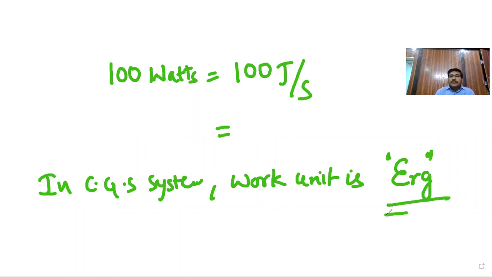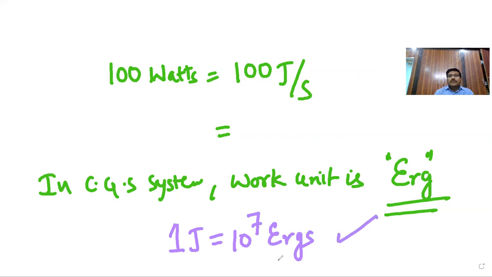In the earlier class, we have seen the work unit is erg. Now, if I want to convert joule into erg, you have a simple conceptual conversion. 1 joule is equal to 10 to the power of 7 ergs.